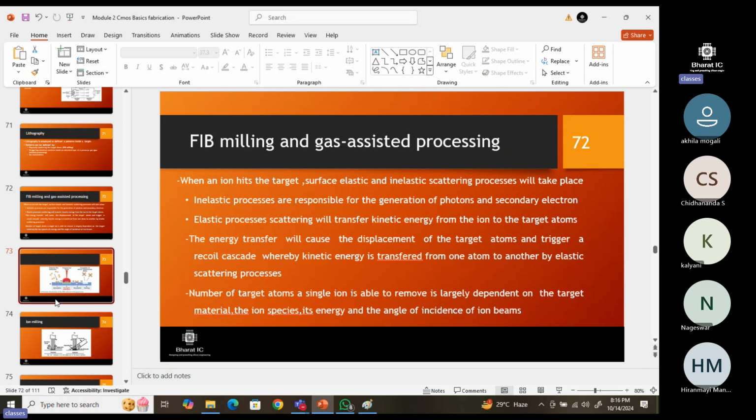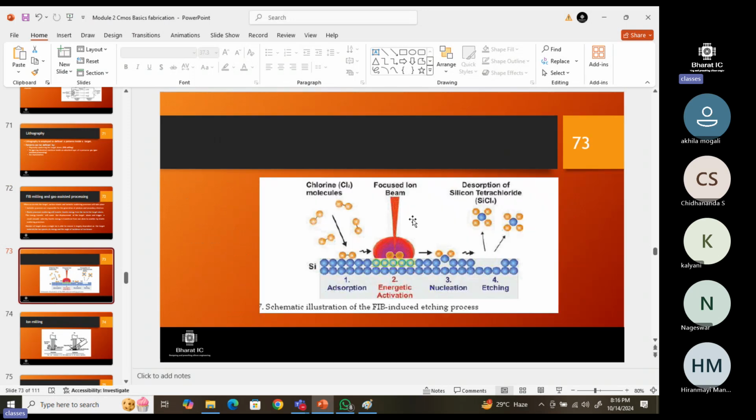Okay. After you come here, you will see in this diagram that the focused ion beam is falling over this wafer on which silicon Si is coated. Then chlorine molecules are touching it, and in the presence of these chlorine molecules, the focused ion beam FIB is falling on the Si.